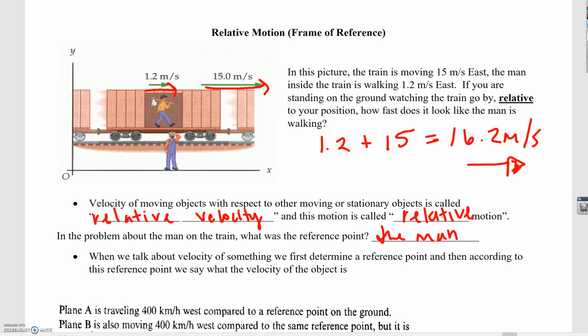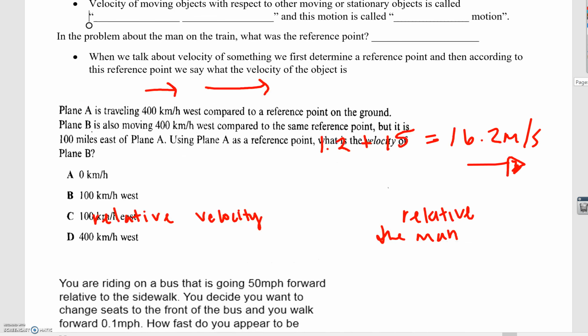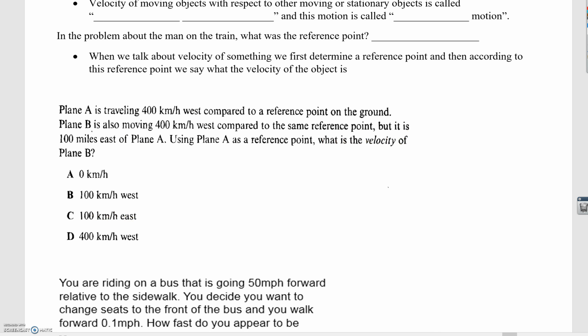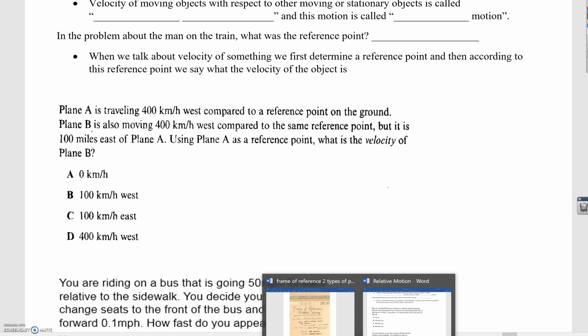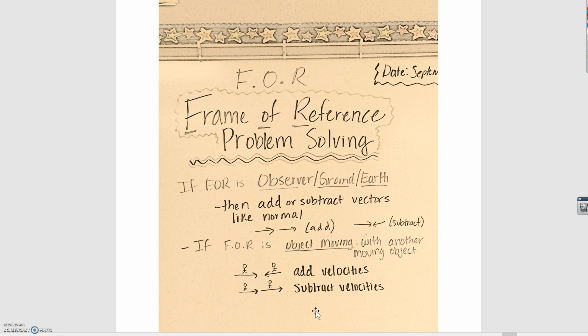Okay, the only way to really go through this is to go to some practice problems. Before we get into those, I made a little bit of a cheat sheet on how to solve these frame of reference problems. For example, let's say your frame of reference is an observer, or you're on the ground, because usually the observer is on the ground, or on Earth.